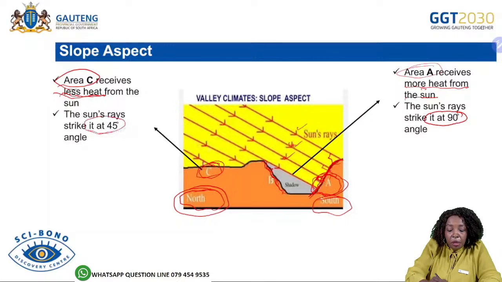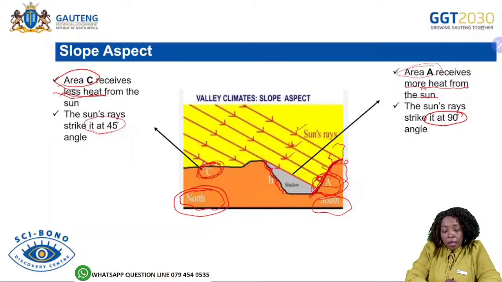So there is a limited amount of sun's rays compared to the large amount that we can see here at A. There's a smaller surface area in which the sun's rays are hitting onto area C. And therefore it is the opposite of what is happening on the slope that is facing the north.